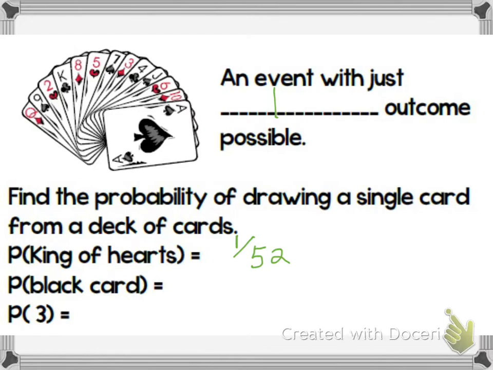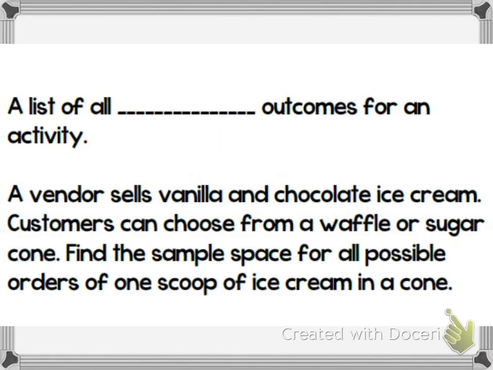So that's the probability. A black card. Well, there are 26 black cards in a deck. Actually, as the speaker says, that's 13 over 52. If I were to reduce, that'd be 1/4. And the probability of a 3, well, there are 4 threes in a deck. So that's 4 out of 52, which reduces down to 1 over 13. So that's what we call a simple event, just one thing happening at a time.